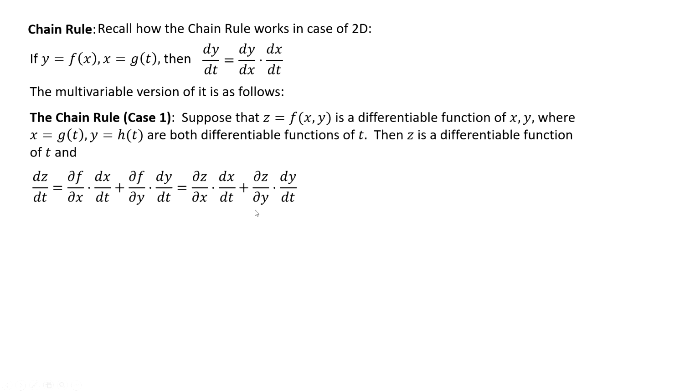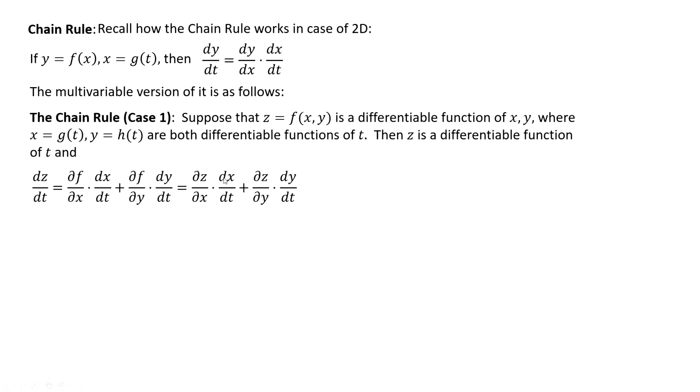Wait. Does this make sense? Could you have a combination of a partial derivative and a regular derivative? Does it make sense to say partial z with respect to x? Yeah, that's because z, like I said, is a function of both x and y, so we have to say partial z with respect to x.